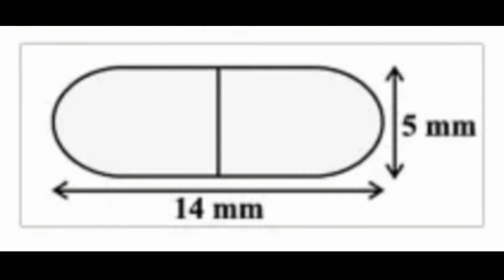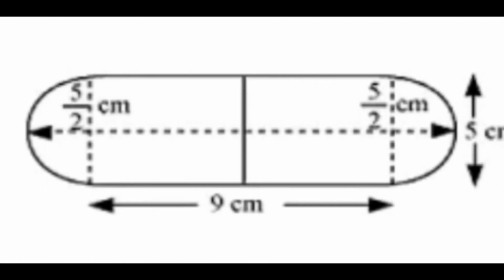So see the other figure of this capsule, so you can understand it easily. In this figure, the diameter and the radius and the height of this cylinder are shown clearly. So the height of the cylindrical part is 9 millimeter. Why?